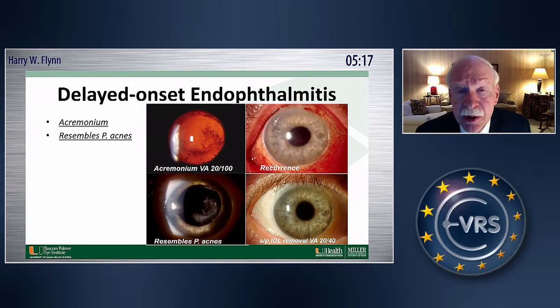Here's another case that looked like pediatric endophthalmitis. It turned out to be a fungus. The organism was actively functioning, and this case recurred and required removal of the capsule and the bag and lens in order to achieve resolution of the infection.